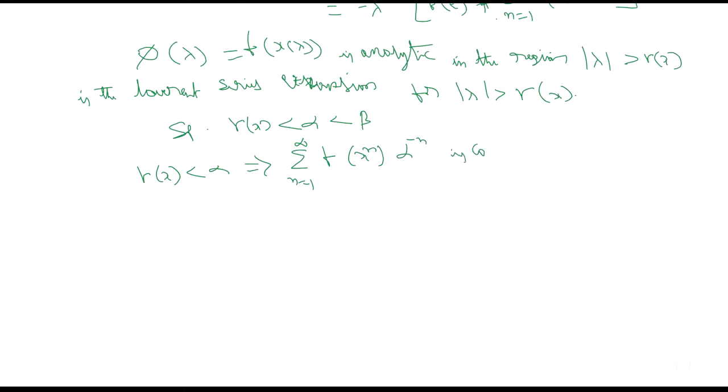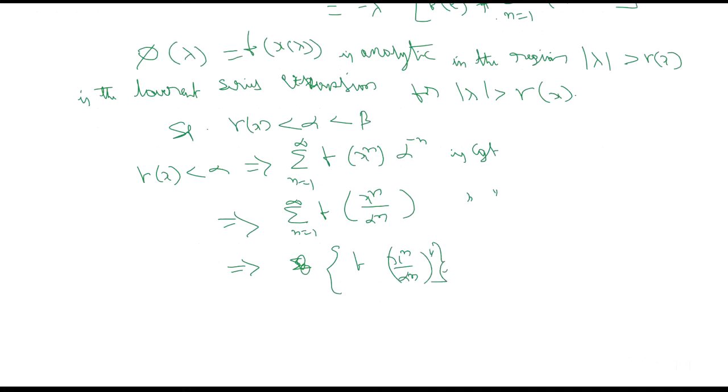That implies sigma of f of x power n divided by alpha power n is also convergent, so f of x power n divided by alpha power n is a bounded sequence.